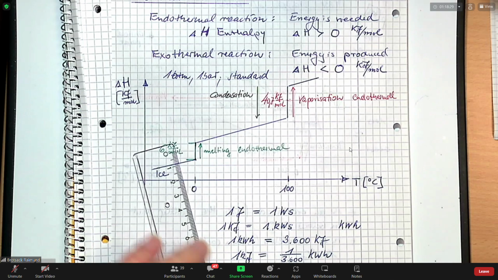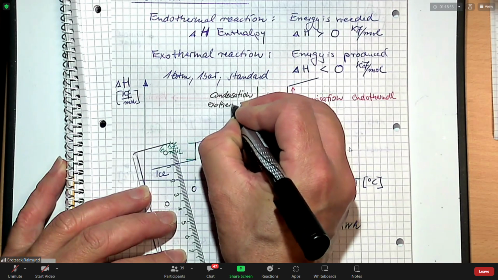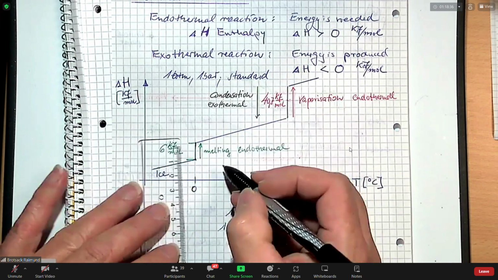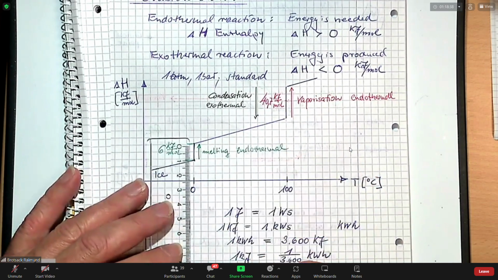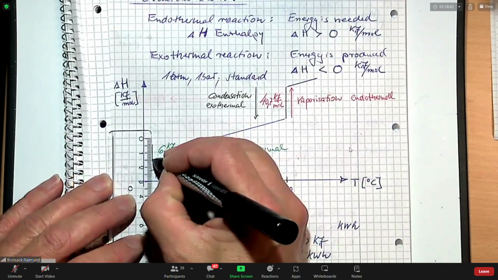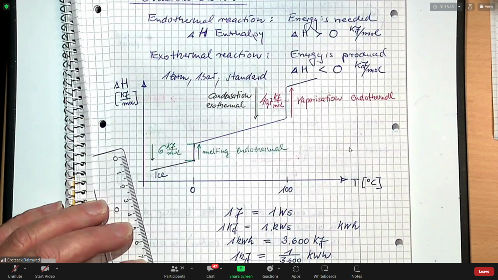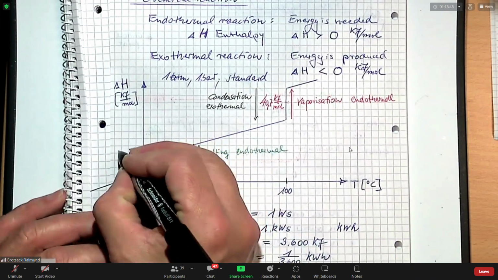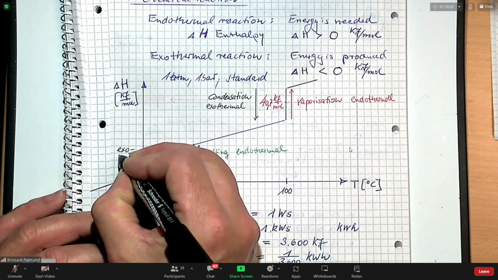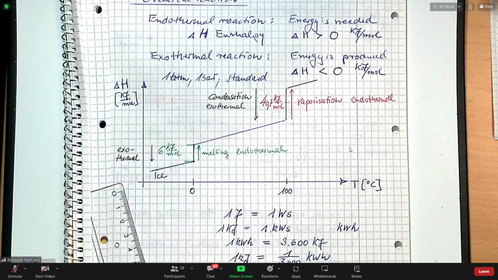That's exothermal. What about melting, freezing? That's the opposite of melting. Is it exothermal or endothermal? Exothermal.